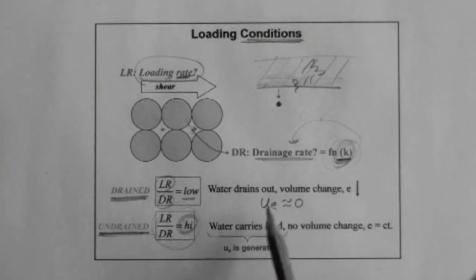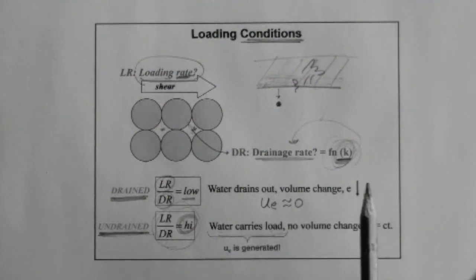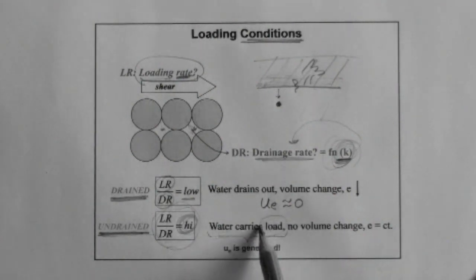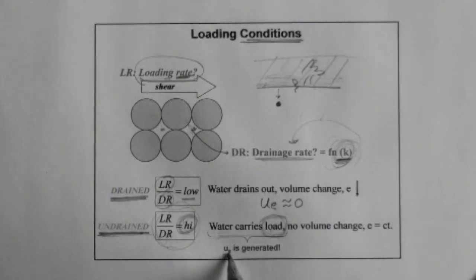In fact, it's the same thing to say water carries load as to say water is pressurized by the load. The load is equal to the amount of added pressure, and that added pressure is called UE, the excess pore pressure. Okay?